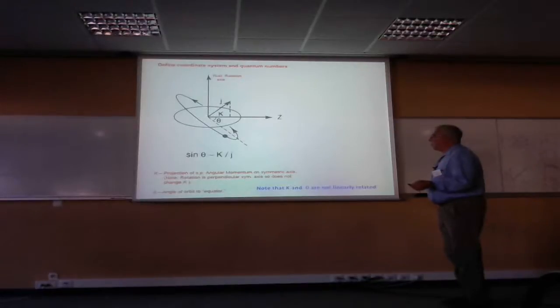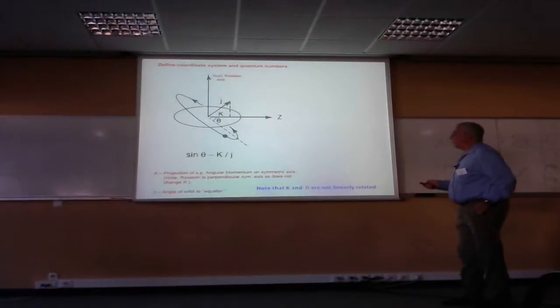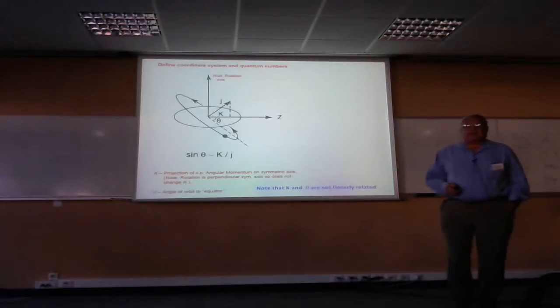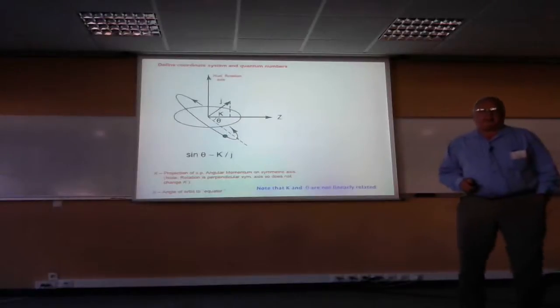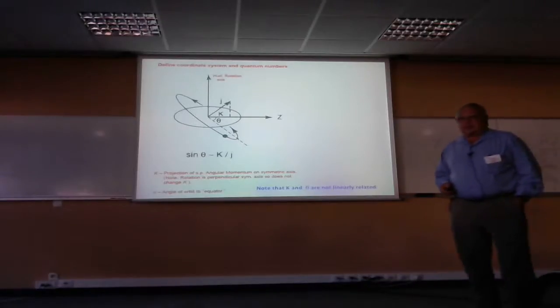So its angular momentum, little j, points in this direction, perpendicular to the orbit. And there are two quantities associated with that angular momentum vector. One is the angle relative to this axis, theta, and the other is the projection of that angular momentum on the z-axis.